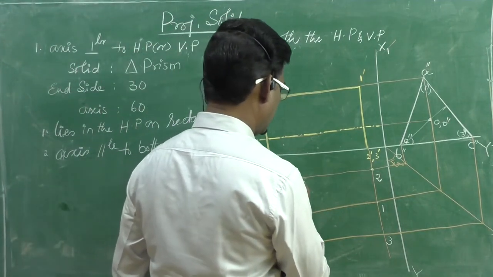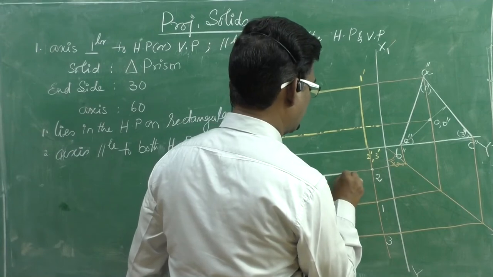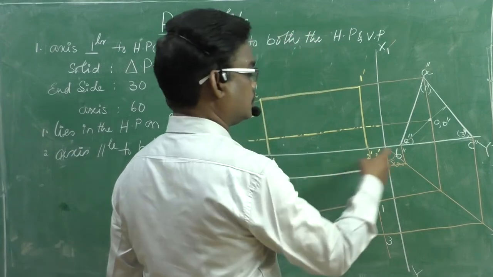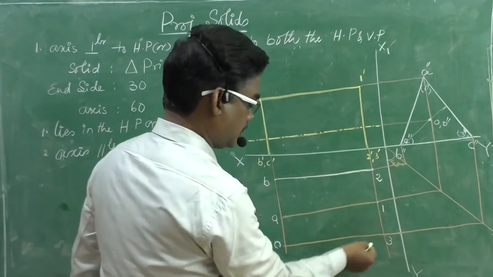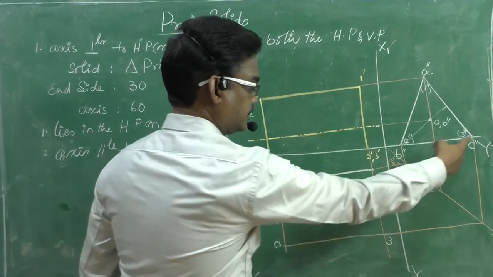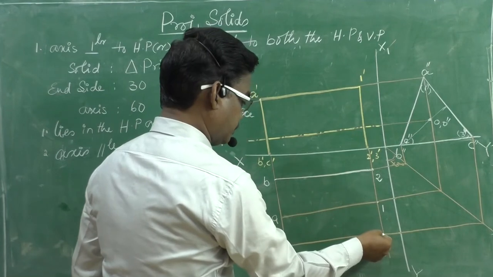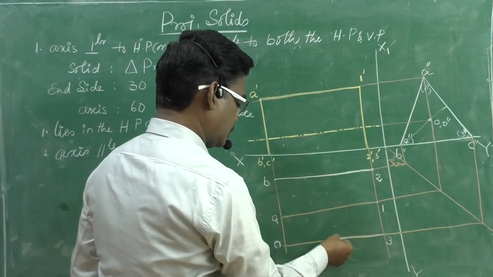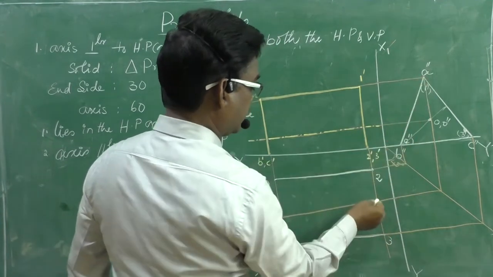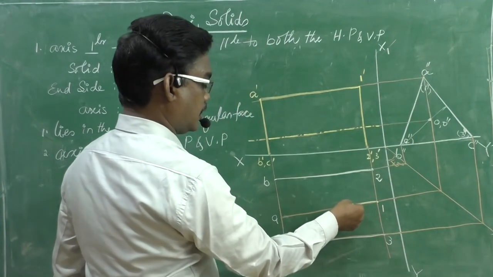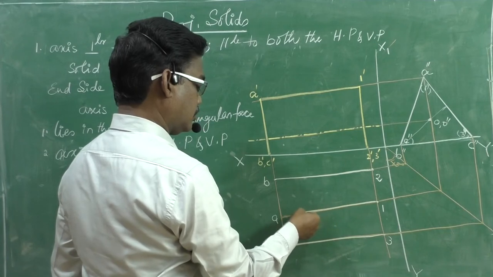You need to darken the visible edges. Okay? This 2B edge, if you see like this, 2B is visible, and 3C is also visible, right? And 1A also visible, right?